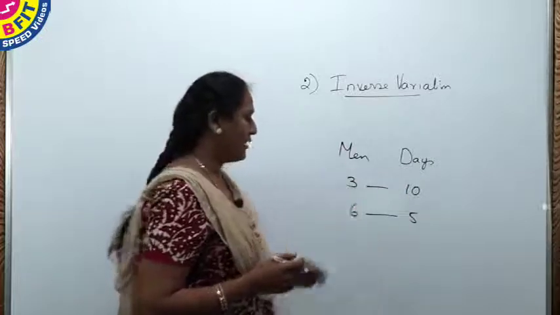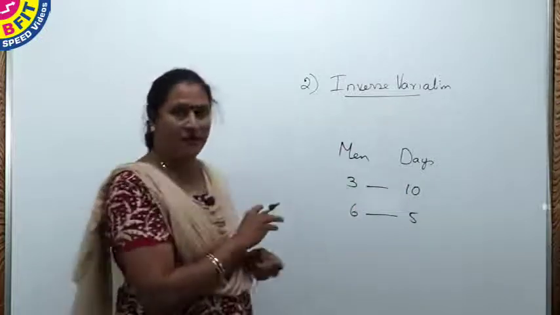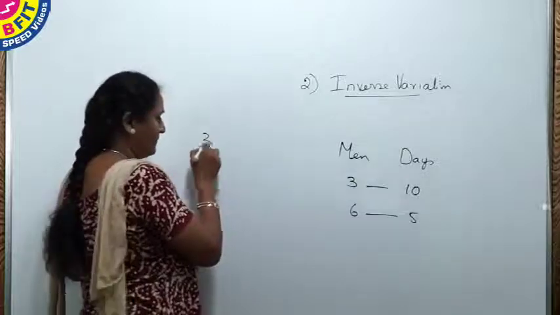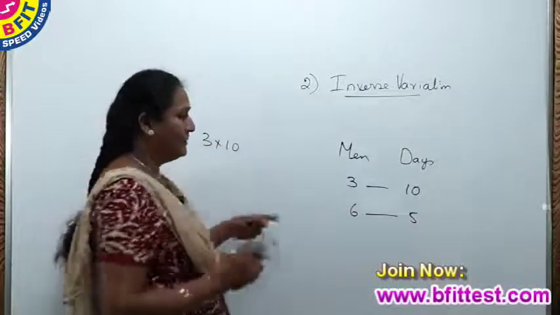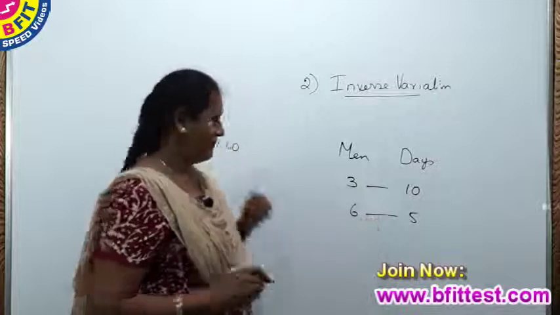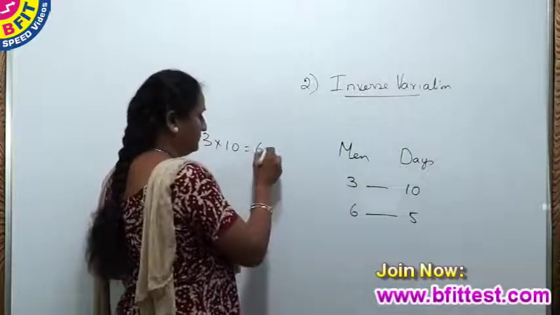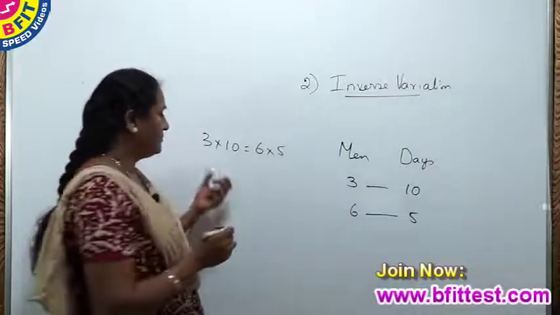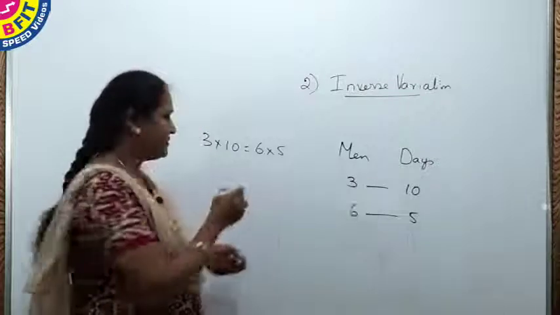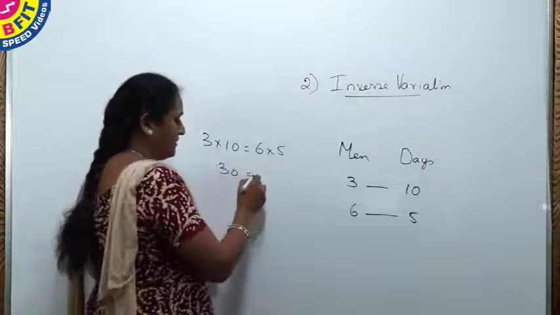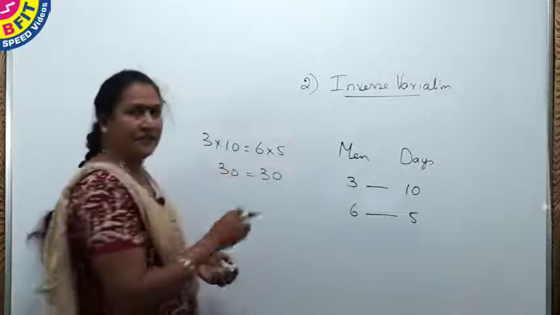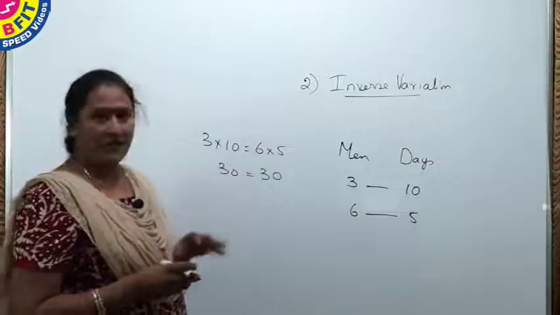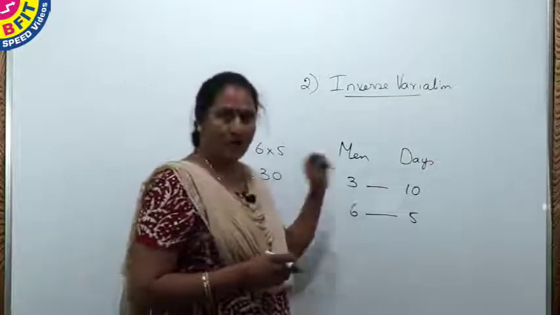So the products of the first row and the second row will be the same, or the parallel products will be the same. 3 into 10, the product of the first row is 30, and for the second row also it is 30.